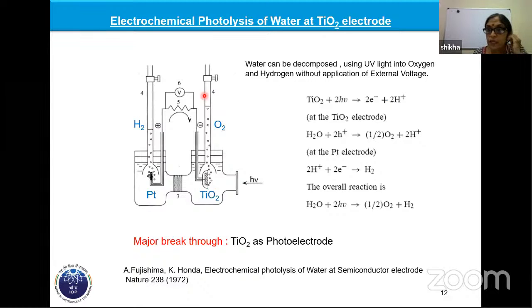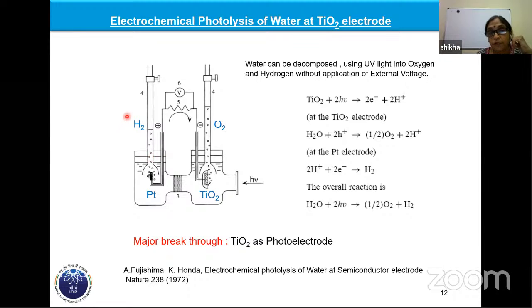So TiO2 became a very important material once it was known that it can produce hydrogen in the absence of any external voltage. When light strikes TiO2, and this is UV light, in the photochemical cell, with these equations, one produces oxygen at the TiO2 electrode and hydrogen at the platinum electrode.